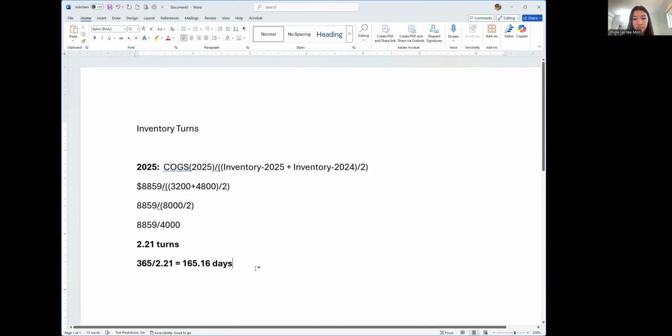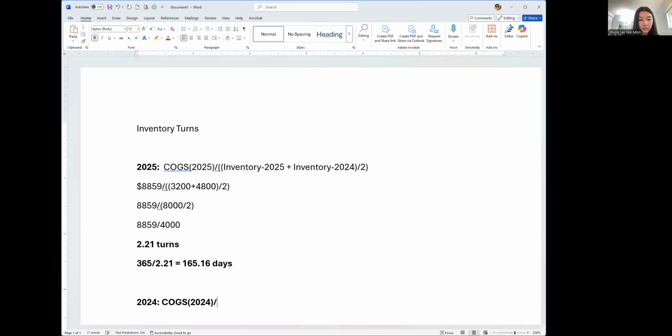Now you're going to do the previous year, 2024. Give me your new cost of goods. So you're going to do cost of goods sold for 2024, and then divide it by the inventory for 2024 and the previous 2023 inventory, divided by 2.